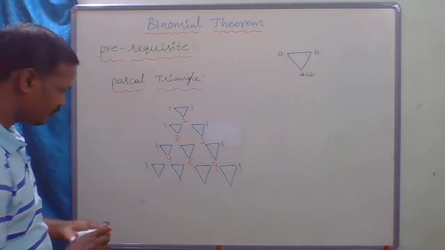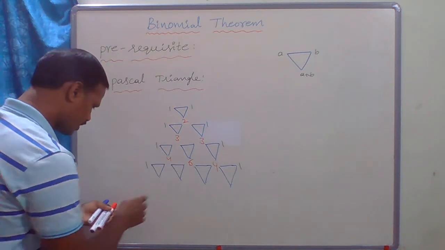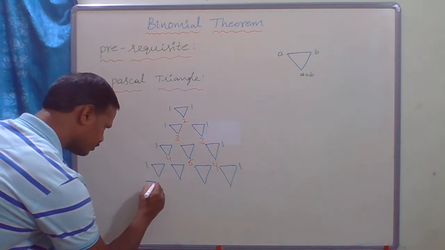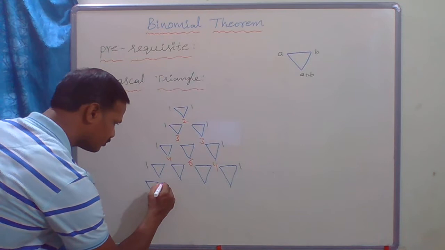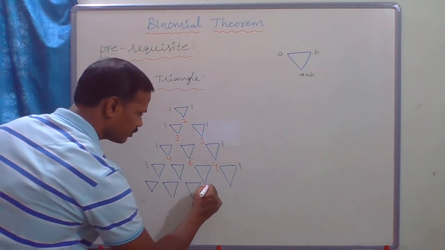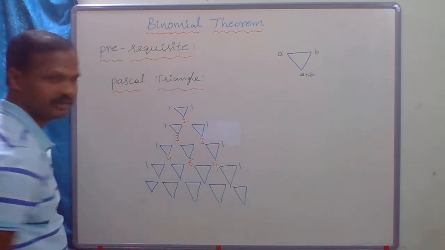Now if you take the next triangle, here there are 5 triangles: 1, 2, 3, 4, 5 triangles.